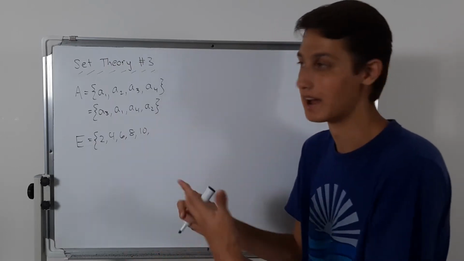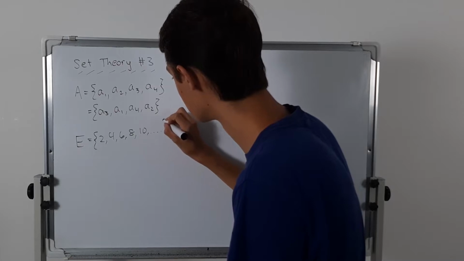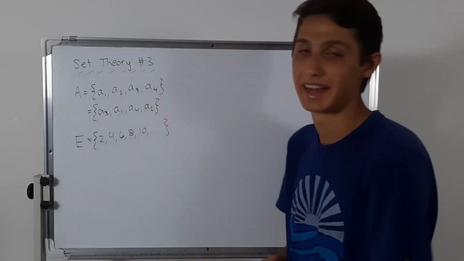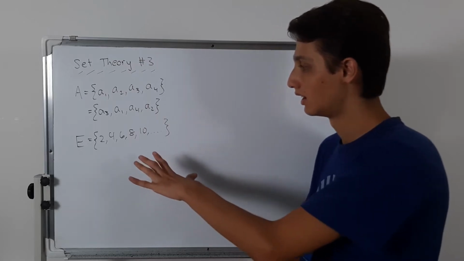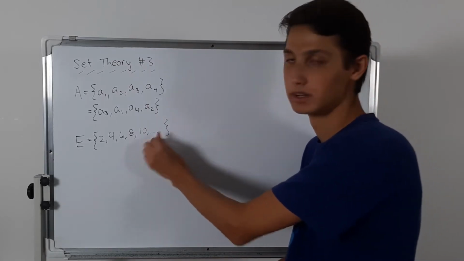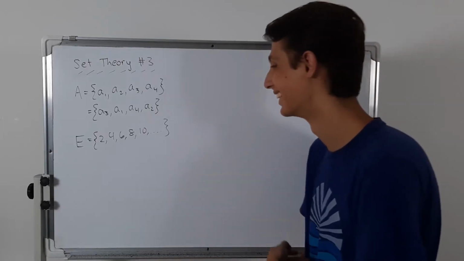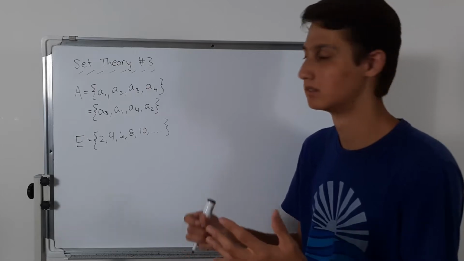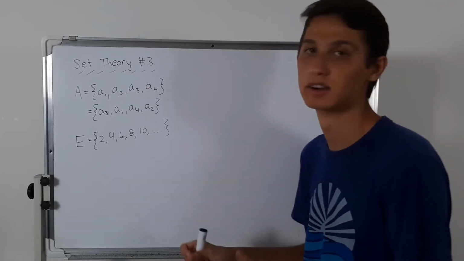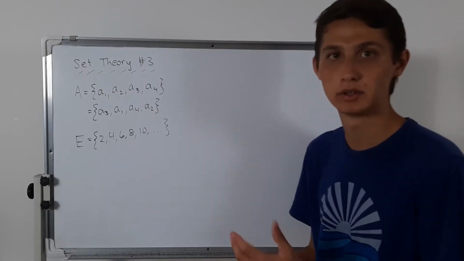Obviously we can't put every single positive even number, but we can kind of just keep going. So we can write it kind of like that. But this isn't really that good, because typically we want to try to avoid having ellipses, I think that's what they're called. Not always, but sometimes it's better to write it in a more concrete way. So how would we do that?